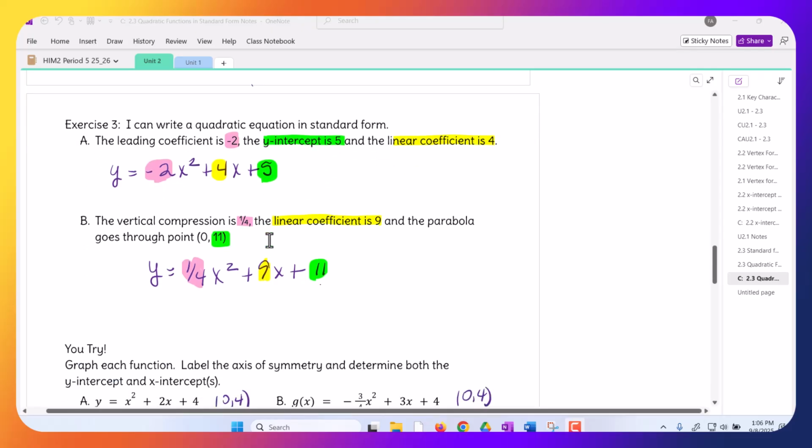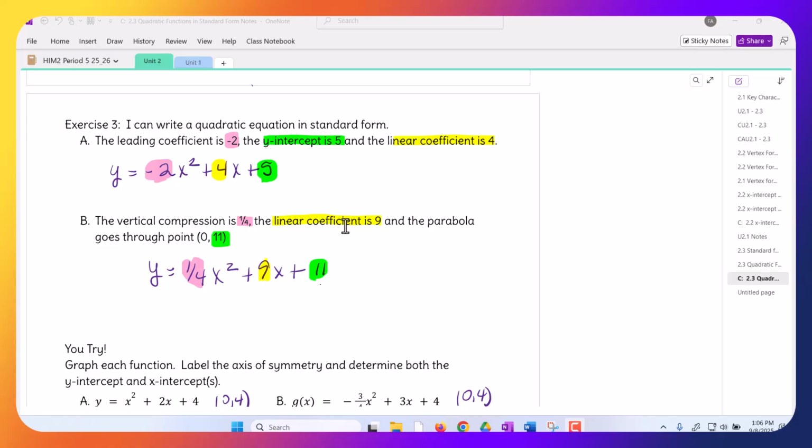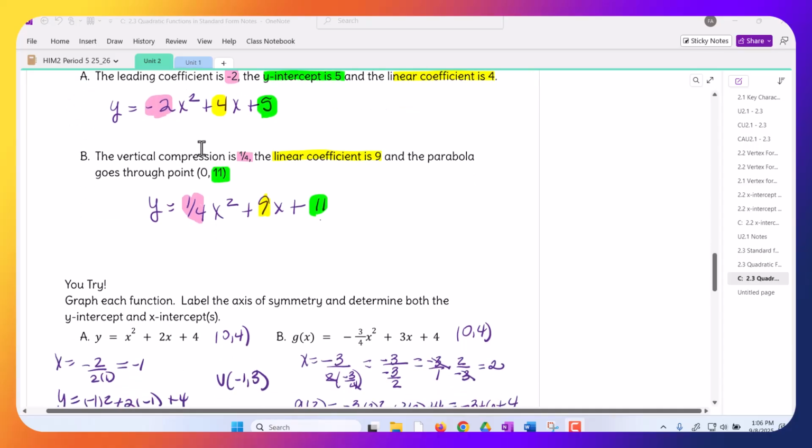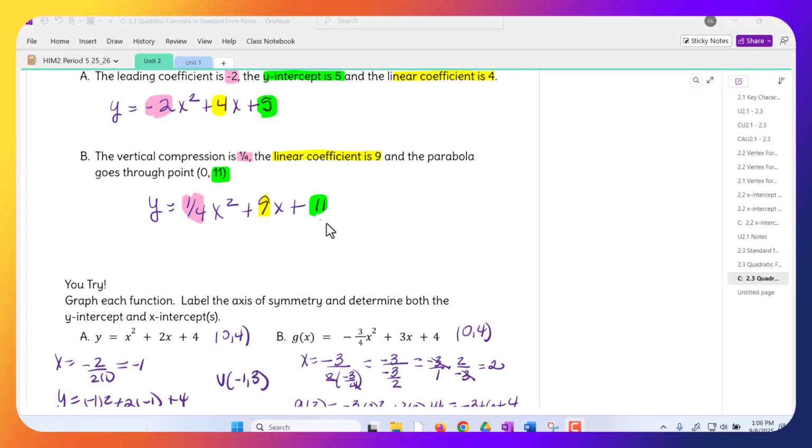Here our vertical compression is 1/4. The linear coefficient is 9, and our parabola goes through the point (0, 11). This is my y-intercept, so this is my c value. I have y equals ax squared plus bx plus c.